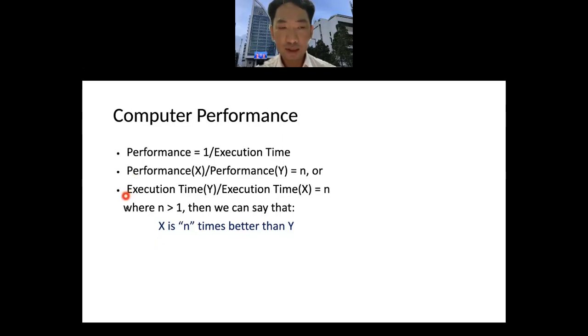Or just use the time to execute a job: we can use the execution time of machine Y divided by the execution time of machine X equal to n. These are very simple formulas to calculate the computer performance.